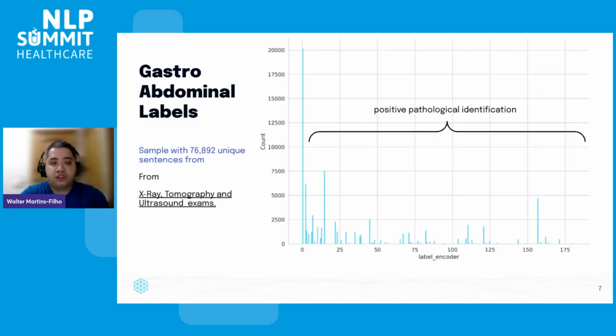When we look at the 76,000 unique sentences, we have around 20,000 sentences that don't relate to any pathology. They give us the normal situation of the patient, and most of the rest are combinations of other diseases, like a kidney problem associated with a stomach problem, or a colon problem associated with some cancer.